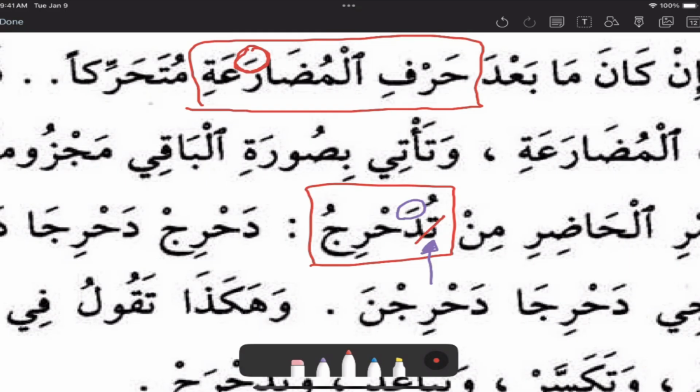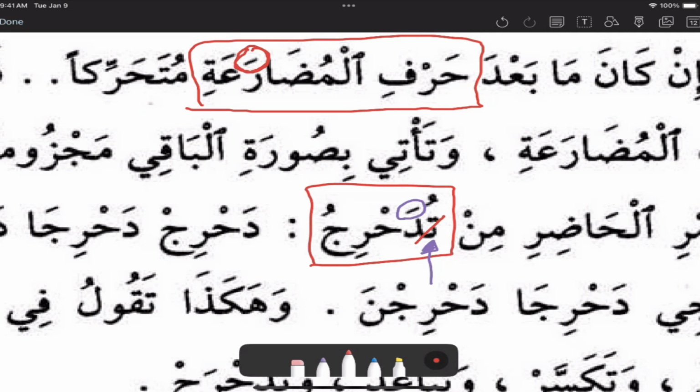He wants to bring you an example of someone being spoken to in the first place. He doesn't want to bring you the example of the speaker or the one spoken about. He doesn't want to say udahrij or nudahrij or yudahrij, and then from there turn it into a command for someone you're speaking to.